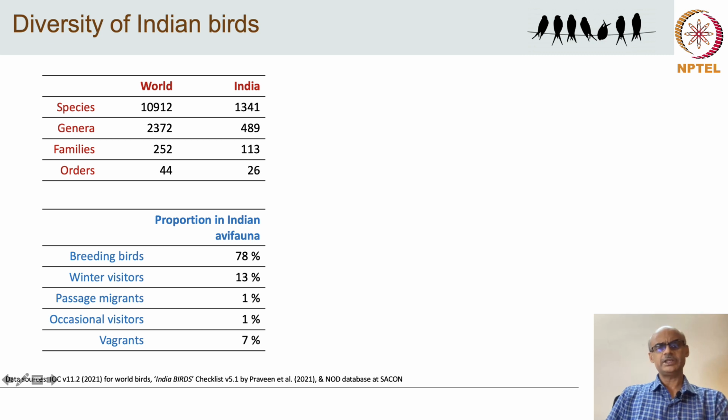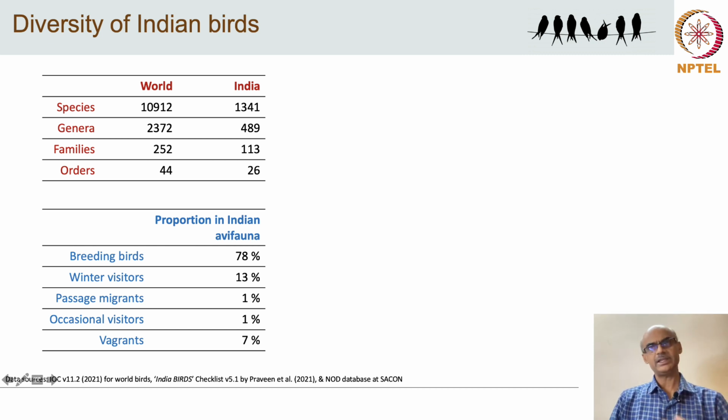See, among these Indian avifauna, almost 78% are breeding birds, meaning that they breed and nest within Indian limits. But remember that most of these birds that breed, especially along the Himalayas and the northern Indian Gangetic plains, also winter in southern India. So the actual number of species that breed and that migrate differs between northern and southern India.